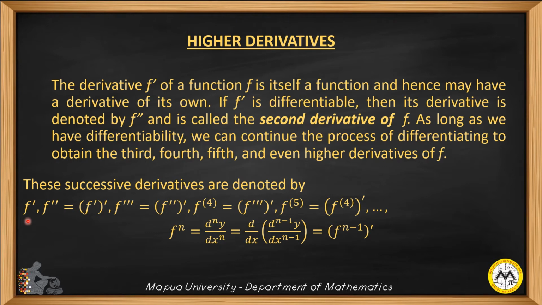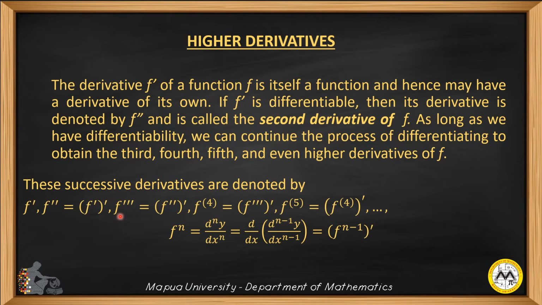If the derivative of some function is also differentiable, then we can differentiate it with respect to x and define what we call the second order derivative of the function with respect to x, denoted by f double prime. Again, this is just the derivative of the first derivative of y with respect to x.